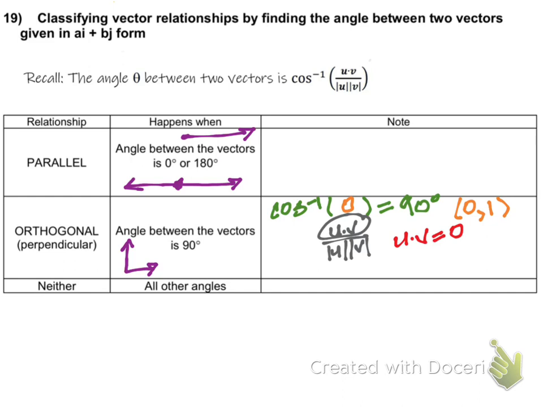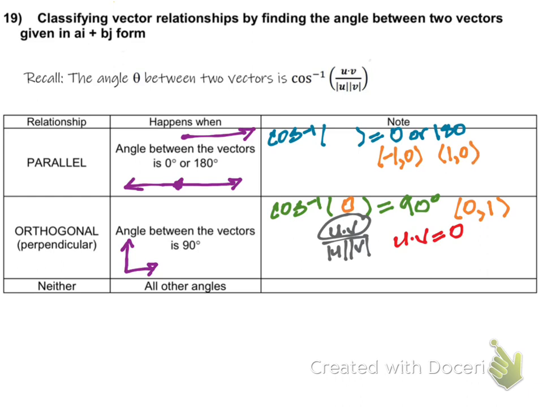What about parallel? Well, parallel, the inverse cosine of something is 0 or 180. Well, at 0, what's my ordered pair? 0's on the right-hand side of the unit circle, so at 0 we're at (1, 0), and at 180 we're at (-1, 0).